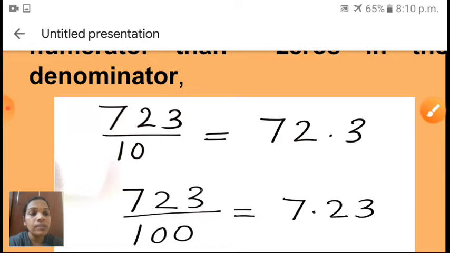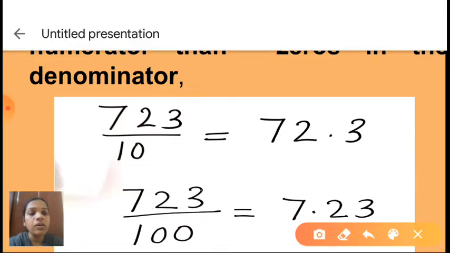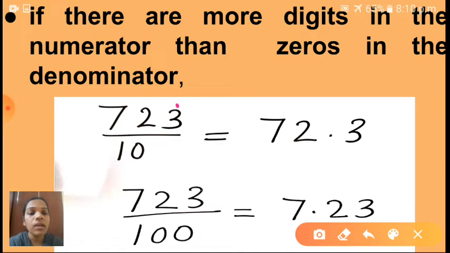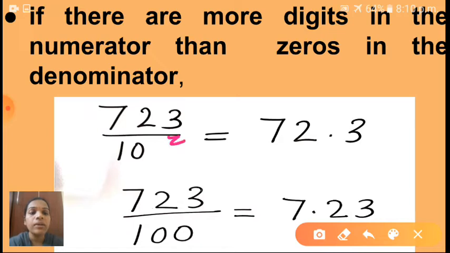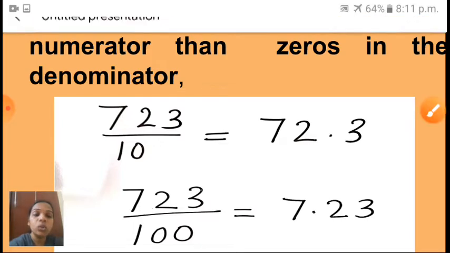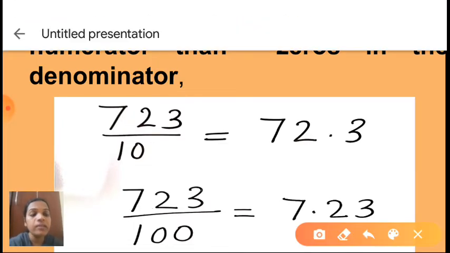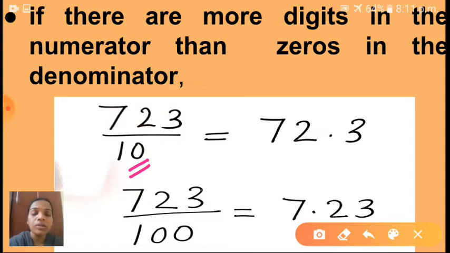Count from right towards the left side; after this one digit you put a decimal point. So your answer is 72.3, because there is only 1 zero, so the decimal point goes after 1 digit.